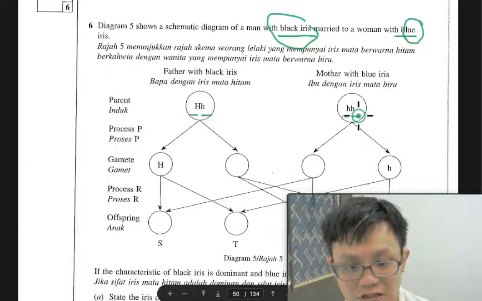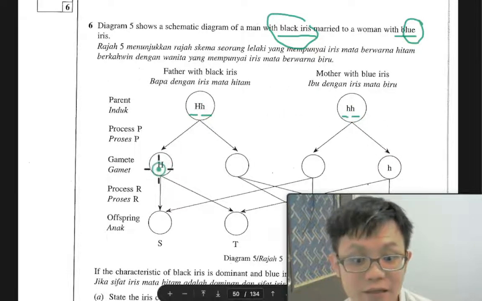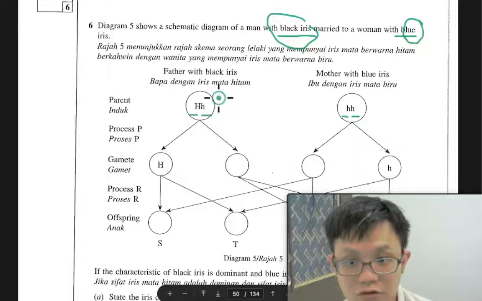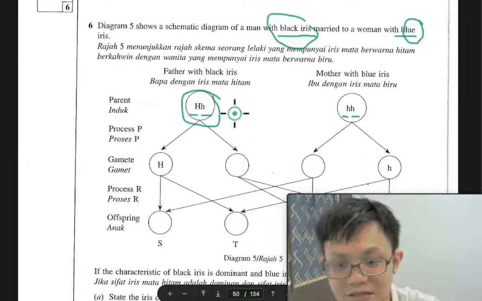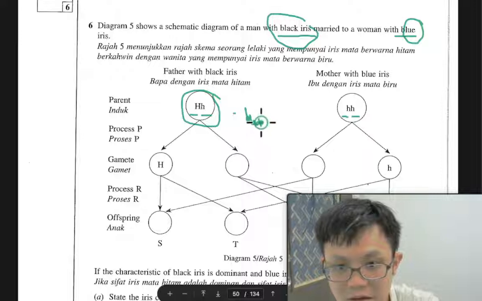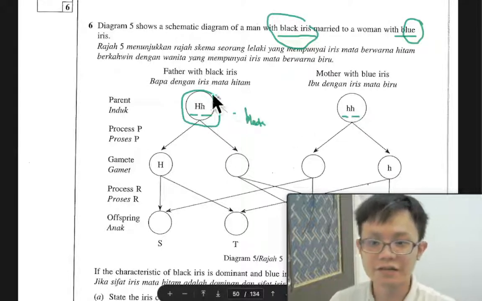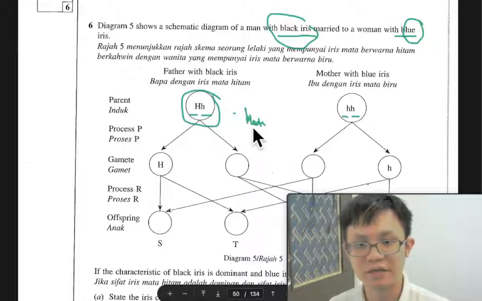Of course, usually the capital letter will be the dominant. So big H big H means what color? Black. Big H small h, it will be black.